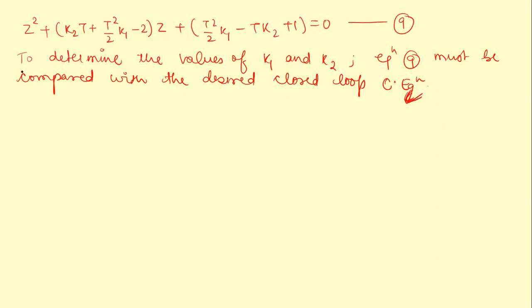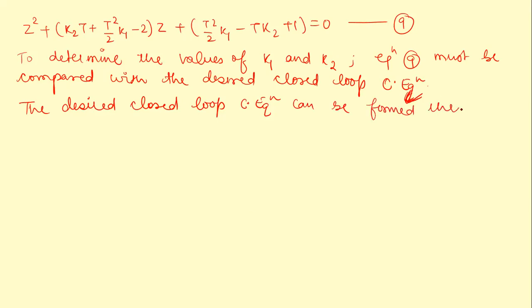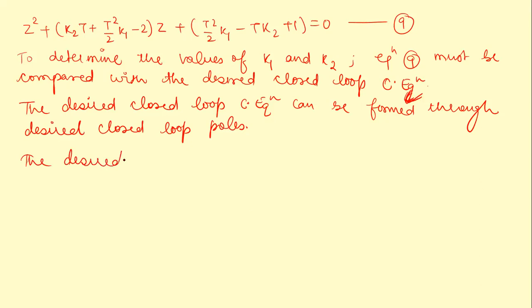So the desired closed loop characteristic equation can be formed through the desired closed loop poles.